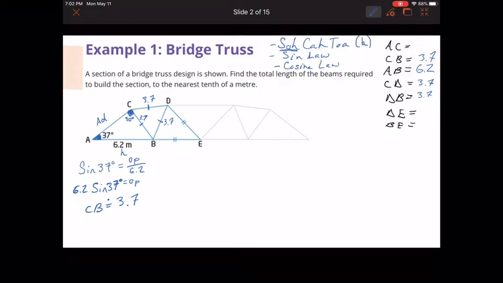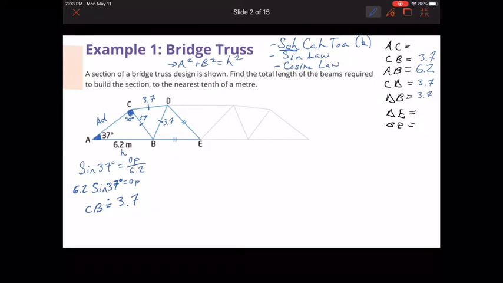So that makes this a little bit easier. So now I want to know my adjacent side. And there are two ways I can do that. I've got a right angle triangle, which means that I can use Pythagorean theorem. a squared plus b squared equals the hypotenuse squared is also something we can use for solving triangles.